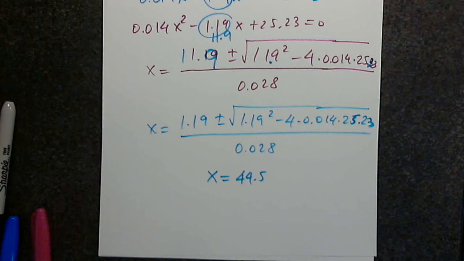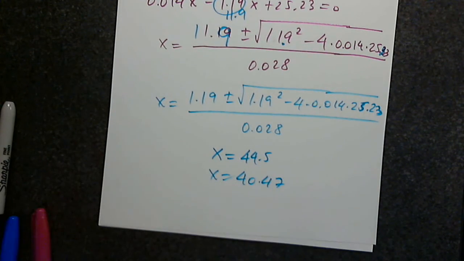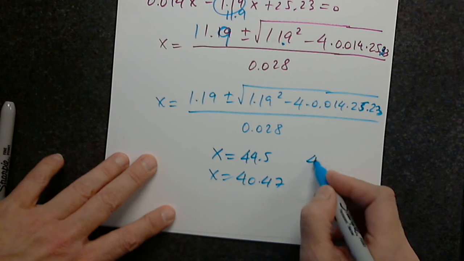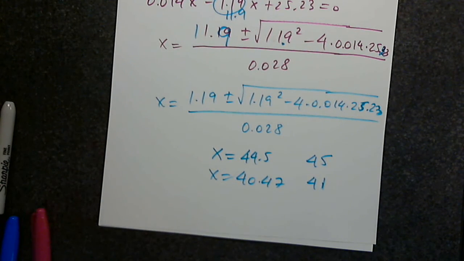So it's 40.47. So then the 2 solutions are 45 years old and 41 years old. So we knew that something was wrong. Did it change it? Yes, of course it changed it.